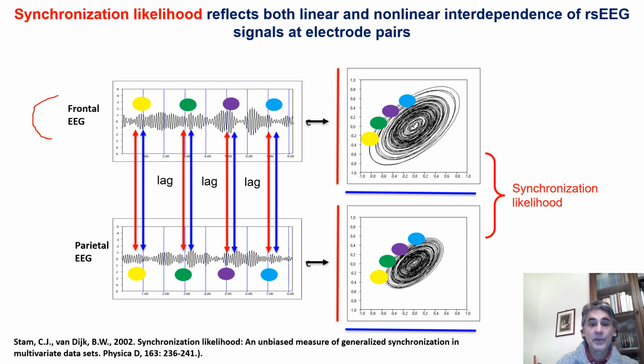And you see, for example, two measurements indicated by the red arrow and blue arrow. And then after a lag, again, the measurement of voltages at the time indicated by the red arrow and blue arrow, and so on.